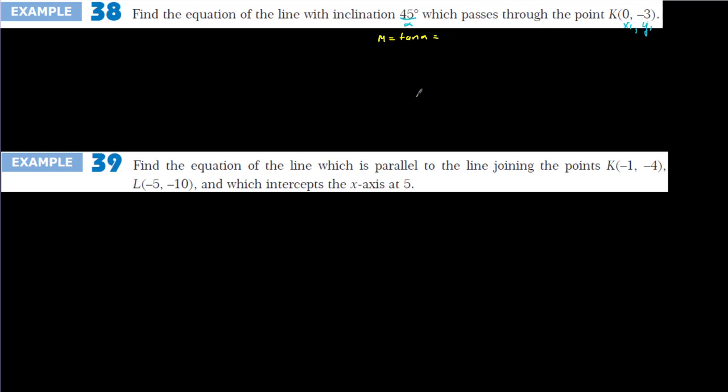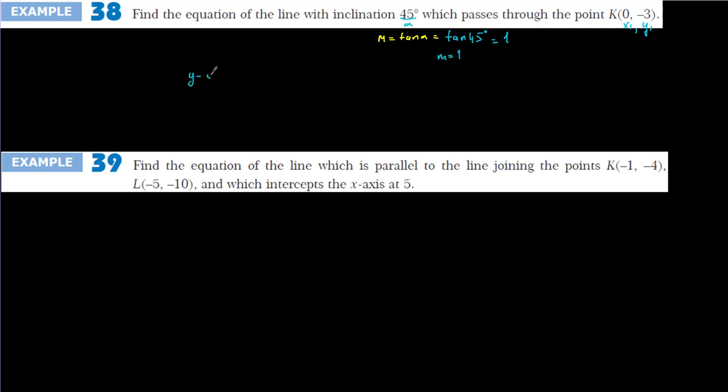I started with m is equal to tangent alpha. So let's start with tangent 45, and we know from the previous lesson that tangent 45 is equal to 1. So the slope is m is equal to 1.